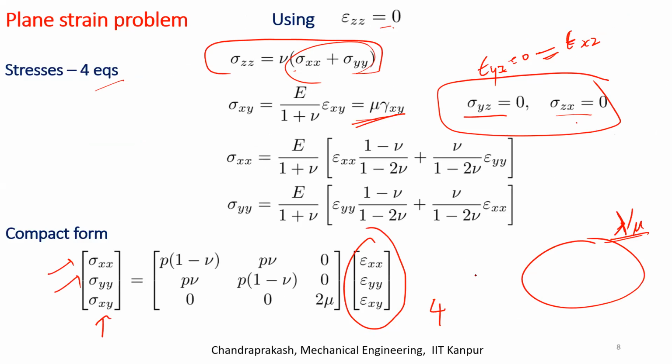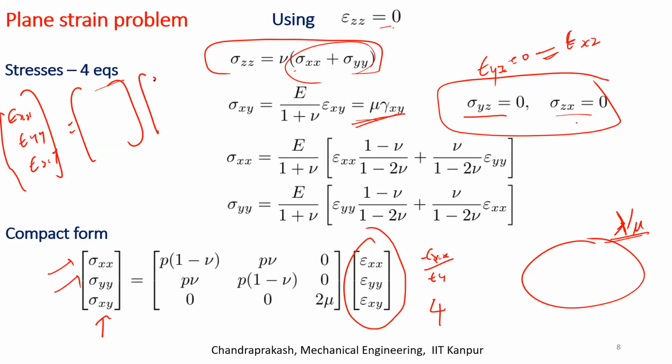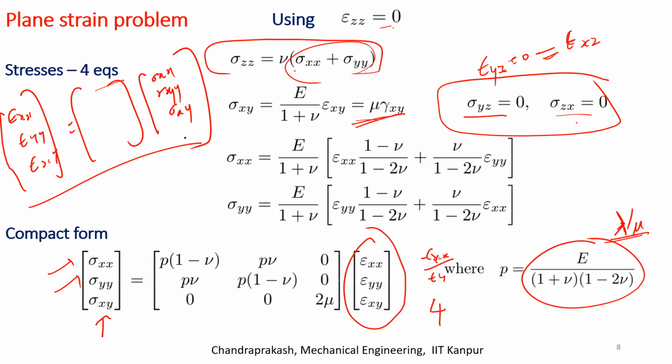You can have epsilon xx, epsilon yy, epsilon xy in terms of a matrix which is multiplied with sigma xx, sigma yy, and sigma xy. Okay, so you know your inverse. This is a compact form, so you can always invert it and find the inverse.